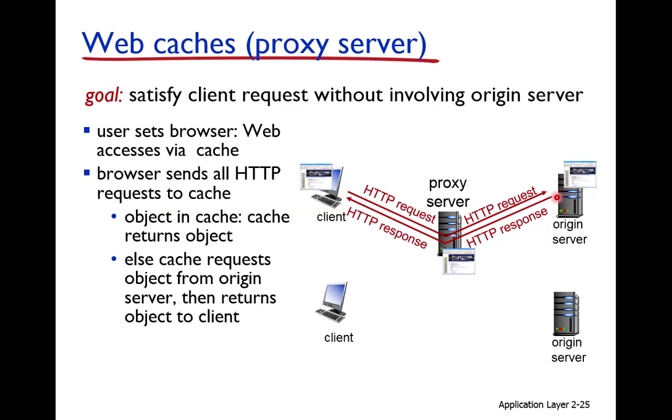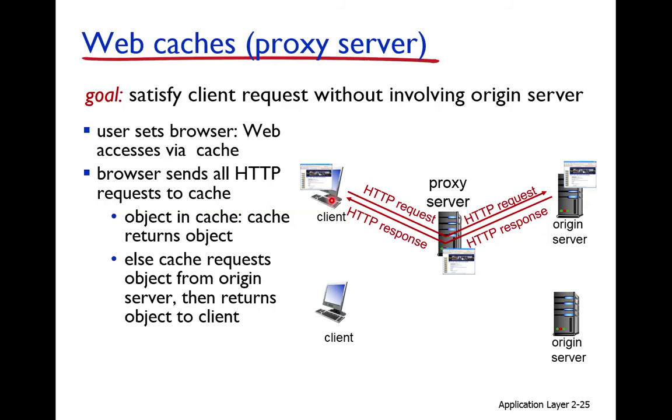This origin server transmits the movie to the proxy server. So the proxy server keeps one copy of the object, the movie, in its cache, and one copy of the object is forwarded to the client. So the client receives the object.